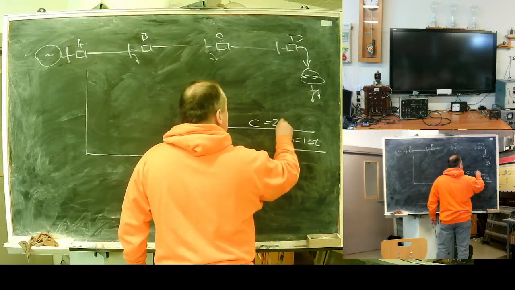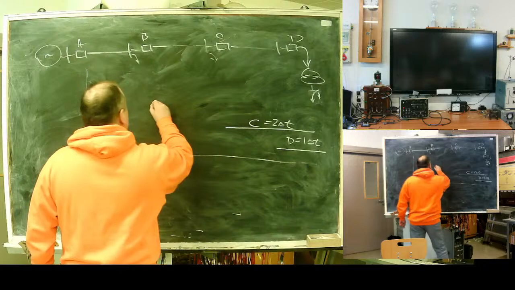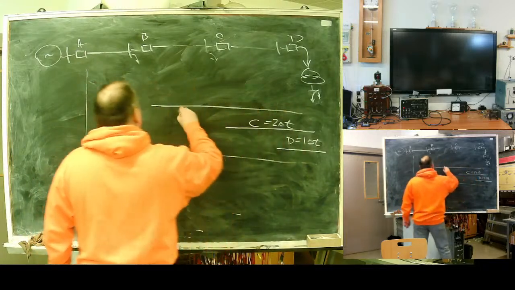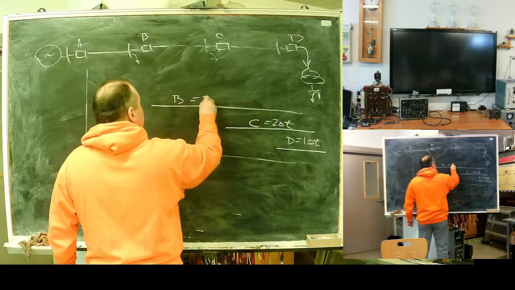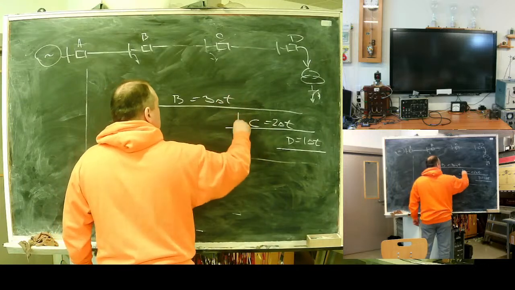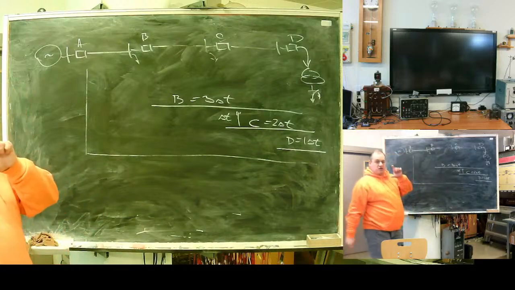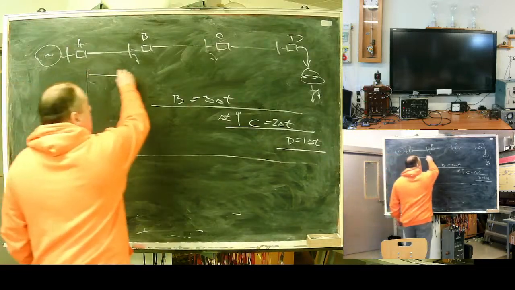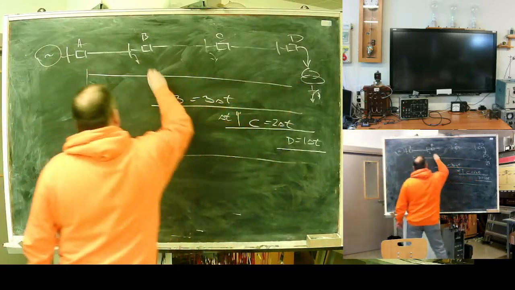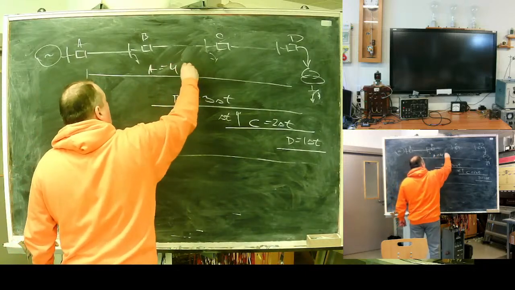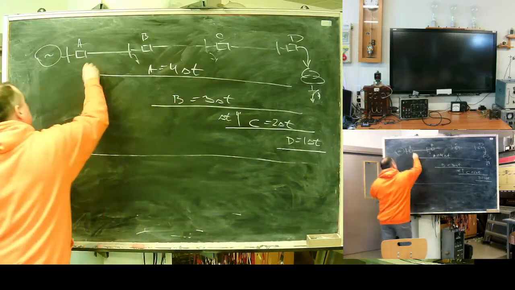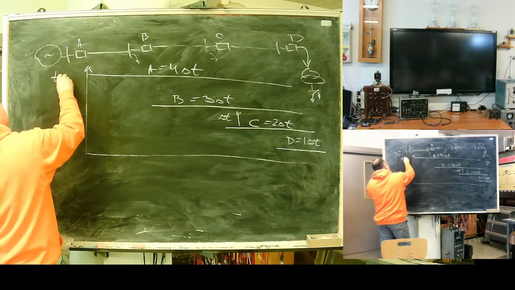C, two time spaces. B, three time spaces, because you always need the safety margin. And A, for delta. This is operation time.